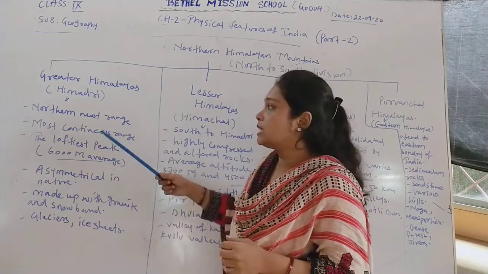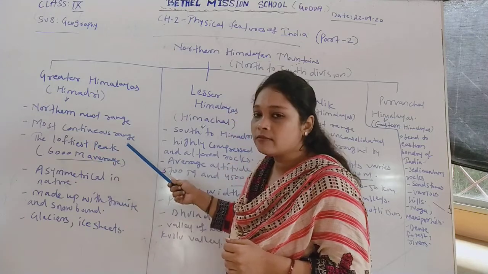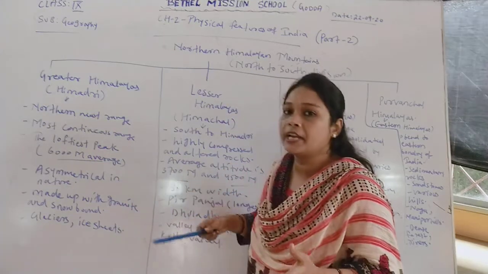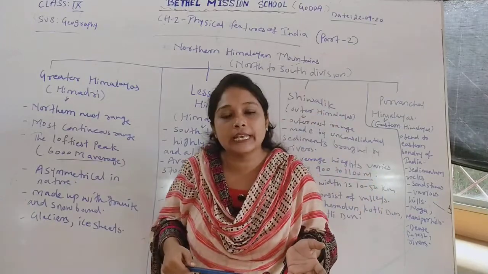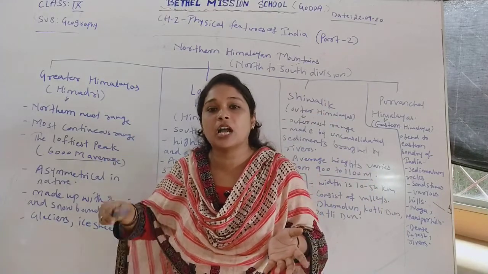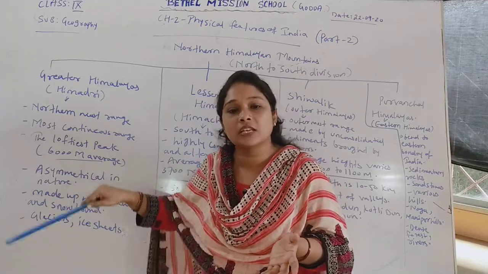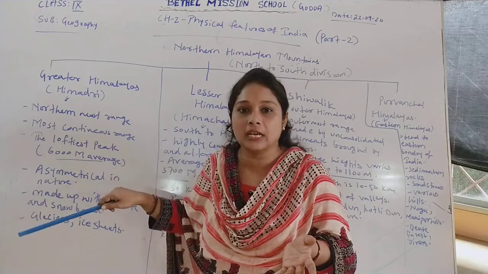And as we are saying that it has the most continuous ranges, we can say that its figure is asymmetrical in nature. That means it creates a kind of geometrical design because of the continuous ranges without any breakdowns.